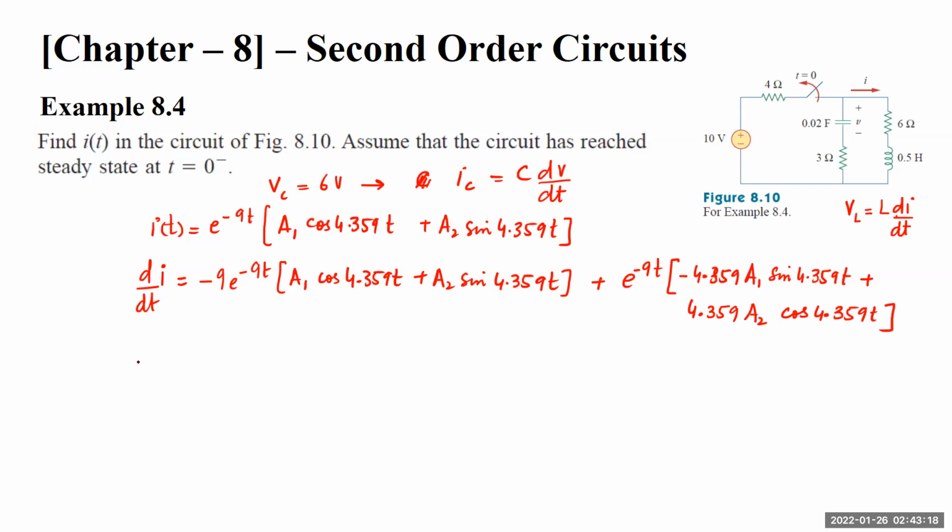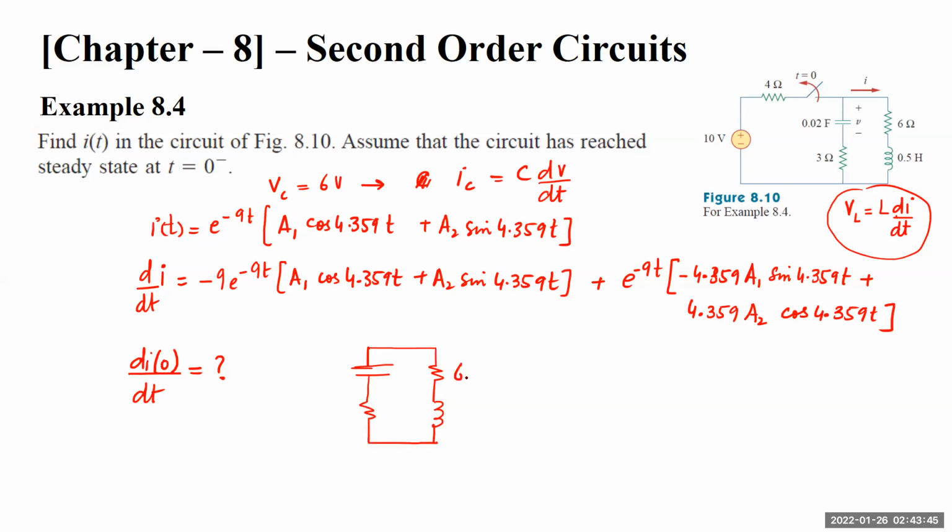So now basically what we need is di0 by dt. This is the value we need, and this value comes from the case dVL by dt. So let's draw this circuit. Remember, this thing is acting as a voltage source. This is the capacitor, the inductor, the 6 ohm resistance, and the 3 ohm resistance.